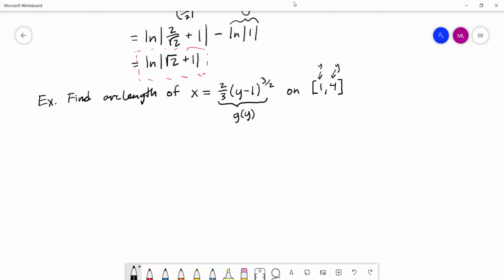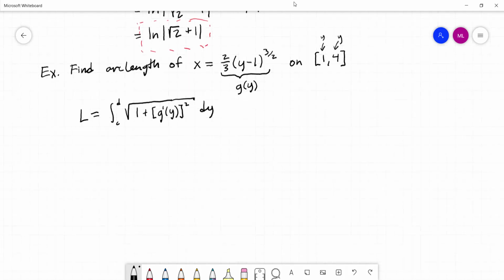The first step in finding L is it's going to be the integral from c to d of the square root of 1 plus g prime of y squared dy. So we need to find g prime of y.